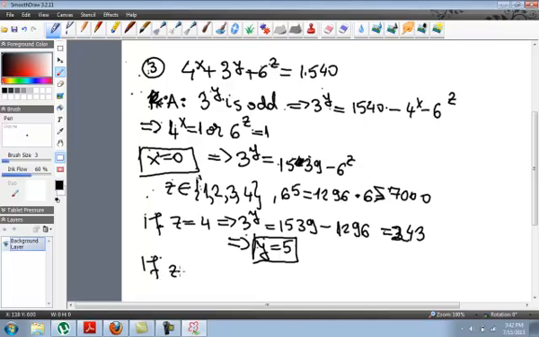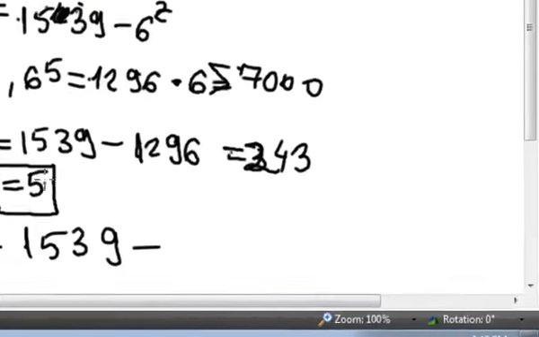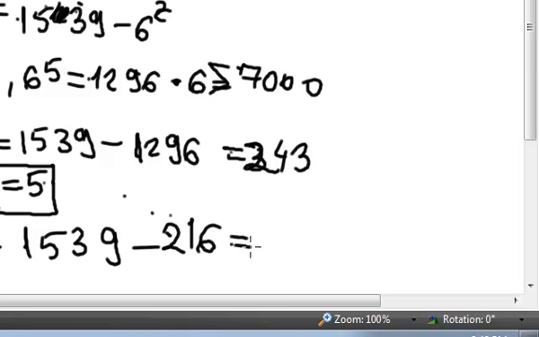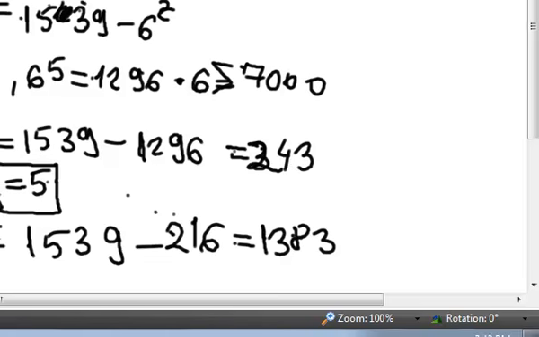Now if we try z equaling 3, it results that 3 to the y power is 1539 minus 216, which is 1383, which doesn't have any solutions in the integer set of numbers.